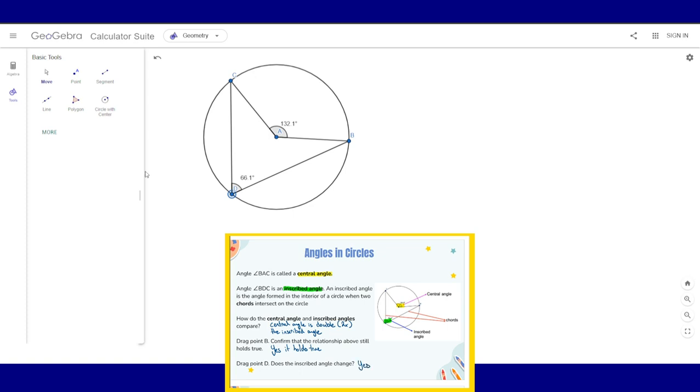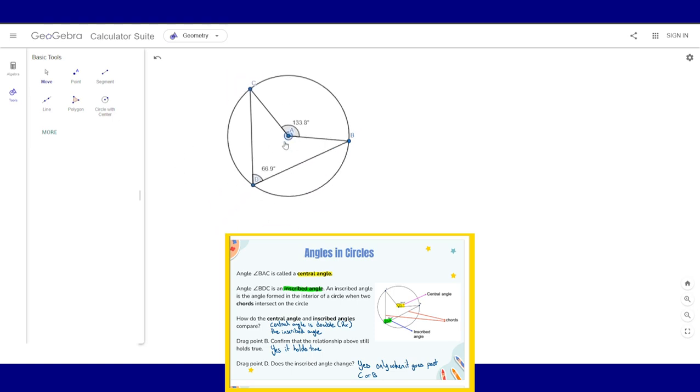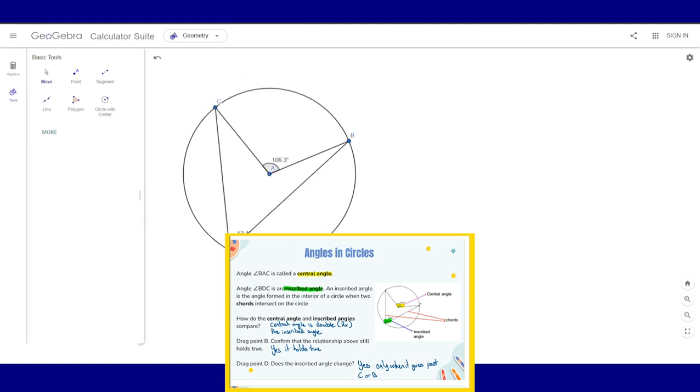Yes, it does, but only when we rotate it past point C or D. So as long as we're keeping it in this kind of format or this kind of shape.